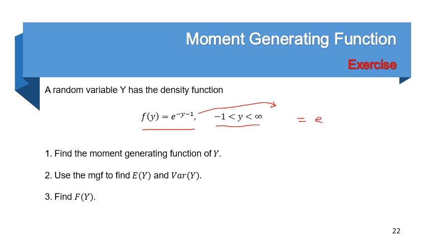I can write it as e to the minus y, multiplied by another power, which is e to the power negative 1. So it's easier this way, because e to the power negative 1 is just a constant.